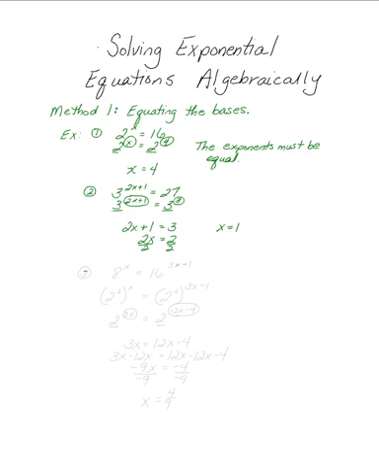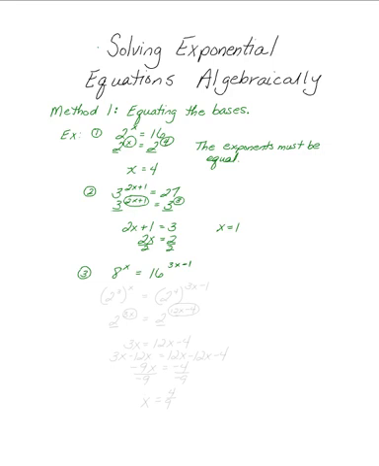A third example of this method could be used for, say, 8 to the x equal to 16 to the 3x minus 1 power. Now, when we look at this problem, I can't write 16 as a power of 8 or 8 as a power of 16.